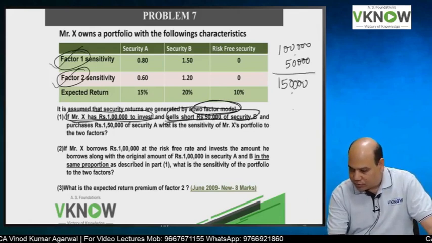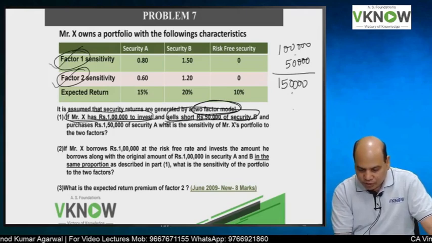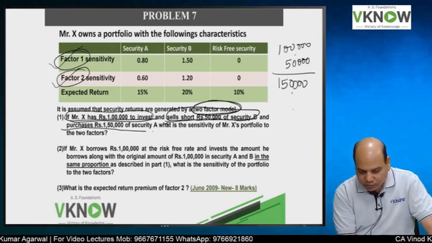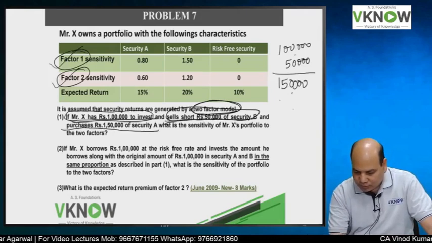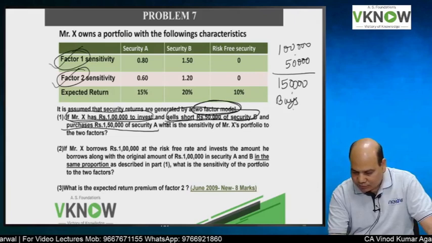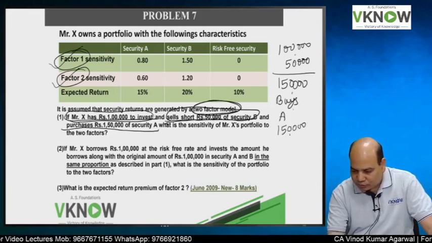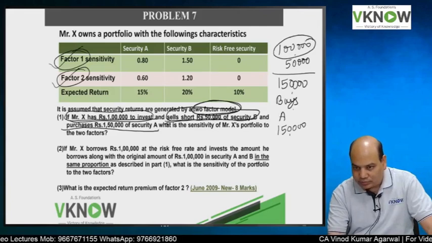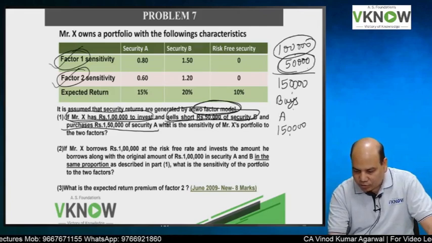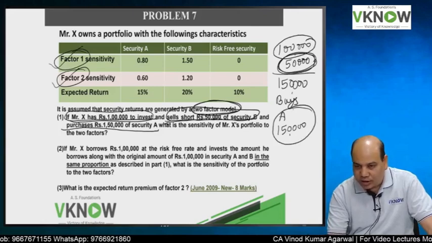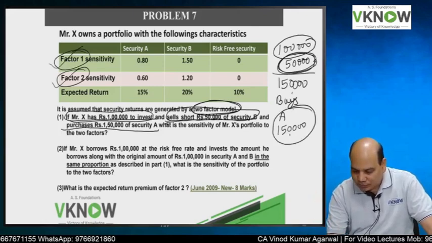So this is 1,50,000 he has now and purchases rupees 1,50,000 of security A. 1 lakh his own money, 50,000 from short selling of security B. Investment in A is 1,50,000.